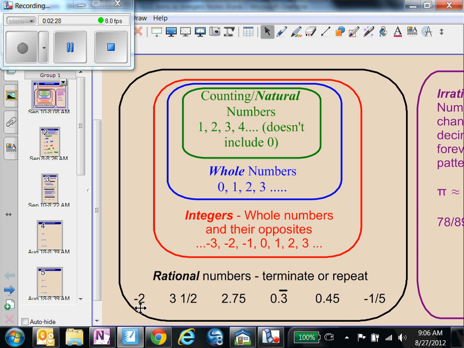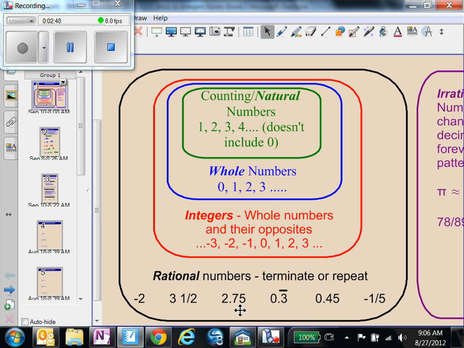So here are some examples. -2, that's an integer, so it's also a rational number. 3.5, 2.75. Now 3.5 is a terminating decimal. It's a decimal that ends. It ends after the tenths place. 2.75 is a terminating decimal.